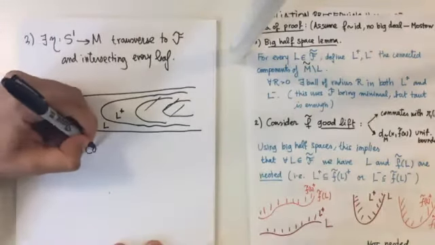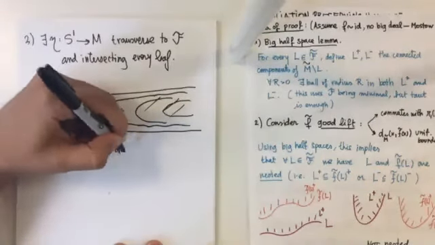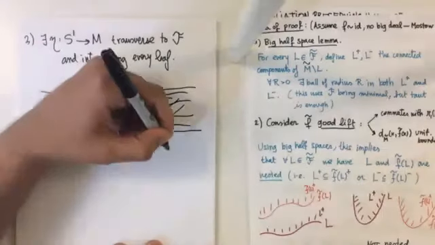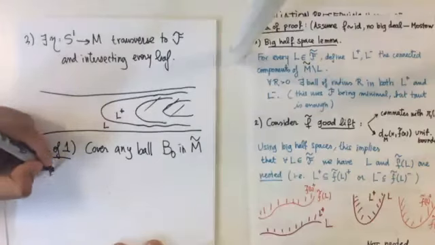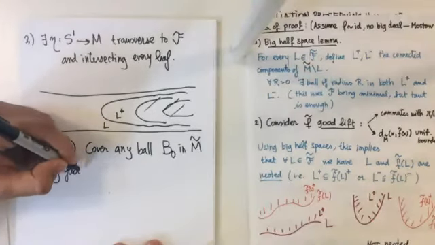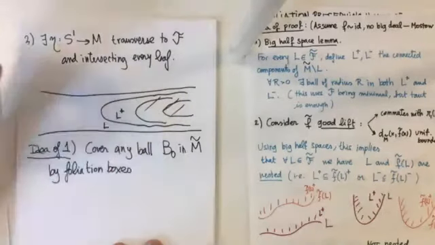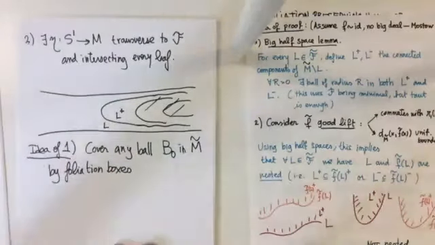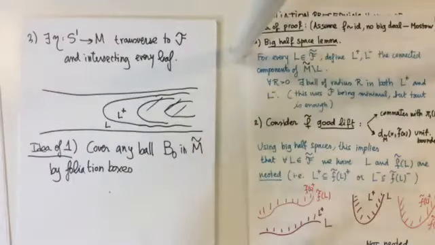So cover a ball, any ball, by foliation boxes. And so since in the universal cover, the space of leaves is such that each leaf separates into components, you have kind of an orientation induced in the space of leaves.